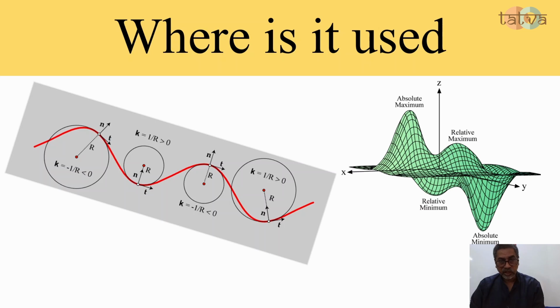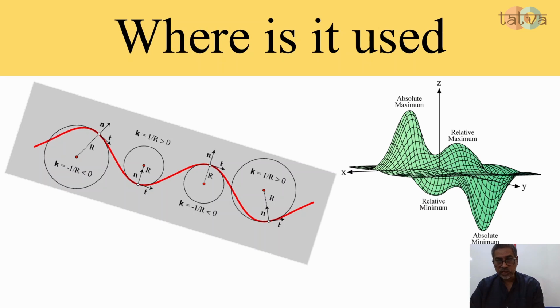So therefore, we need a measure to calculate the so-called curvature, and the symbol kappa is what represents the curvature, and you can see there are four scenarios there. So that is one of the very nice practical applications of single variable differential calculus.